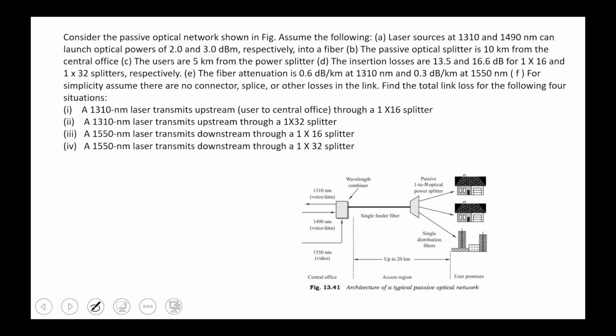You are given the two cases. What are OLT and ONU in optical? Optical line terminal and optical network unit.